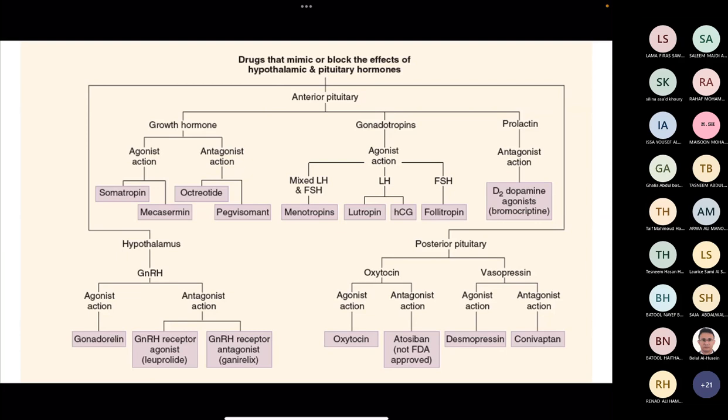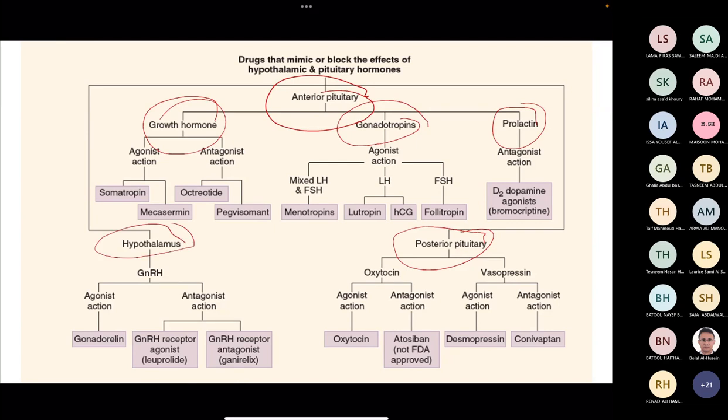Now, as we said, we have the anterior pituitary and the posterior pituitary. The anterior pituitary has hormones: growth hormone, the gonadotropins, which are FSH and LH, and prolactin, and the adrenocorticotropic hormone.